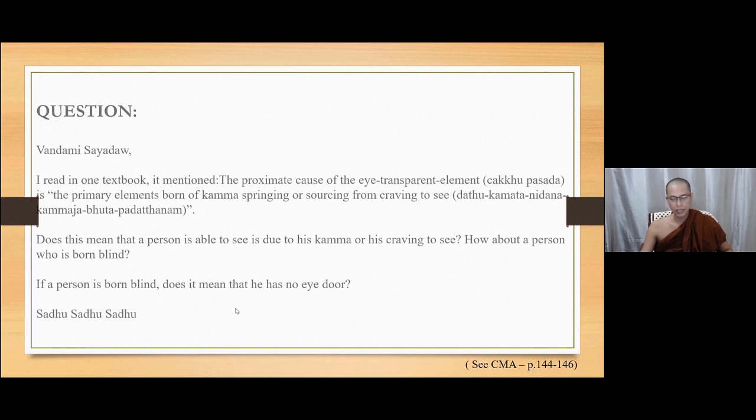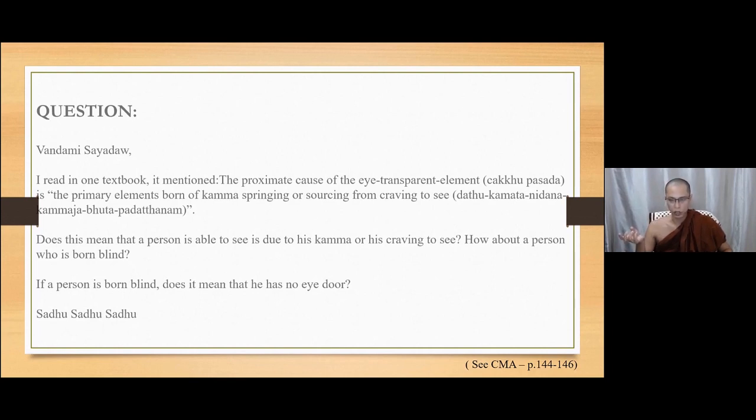This is the absence of the ability. Sometimes we can misunderstand if we say as long as we have the craving to see, we will have the eye, so if we remove the craving to see, the eye will be absent.